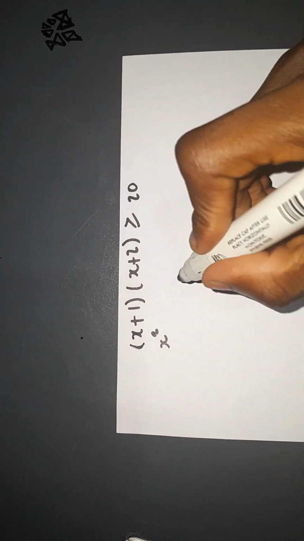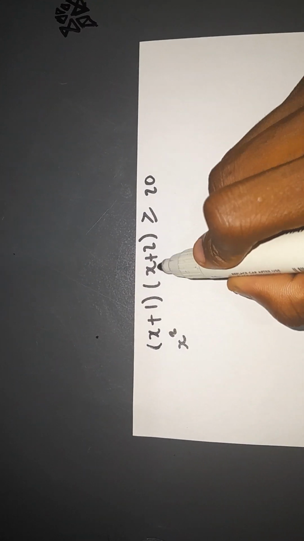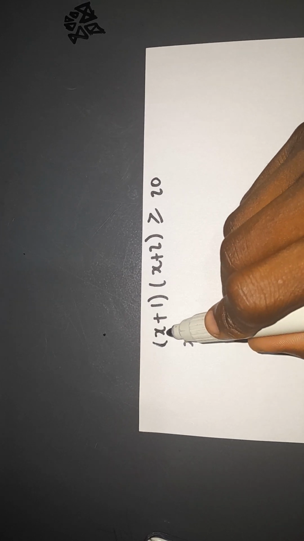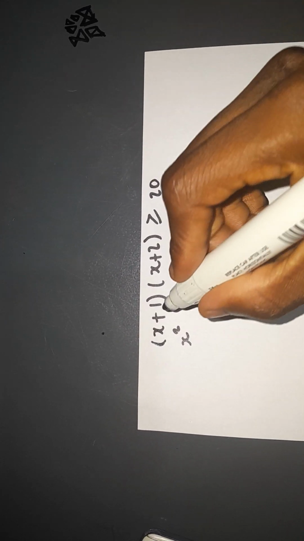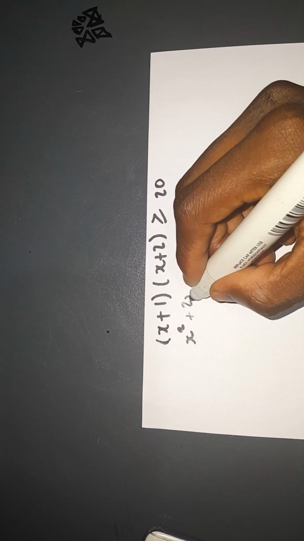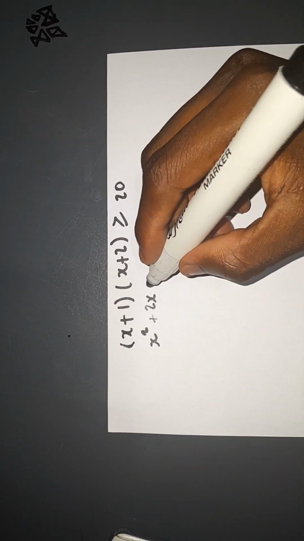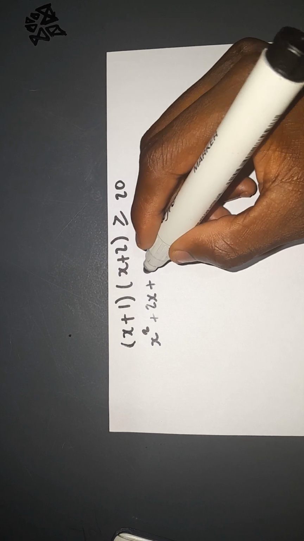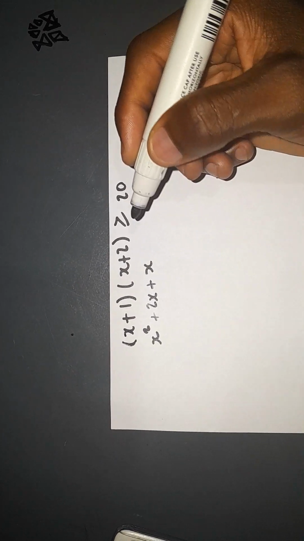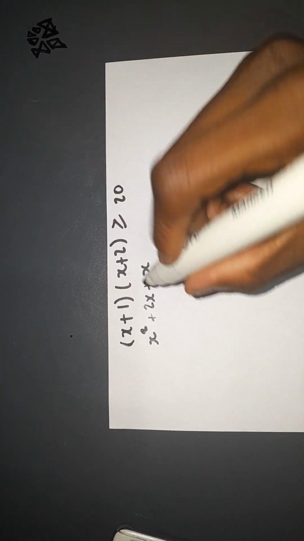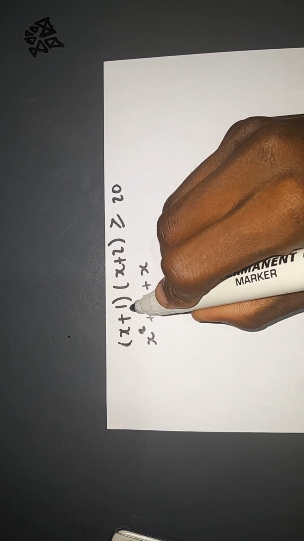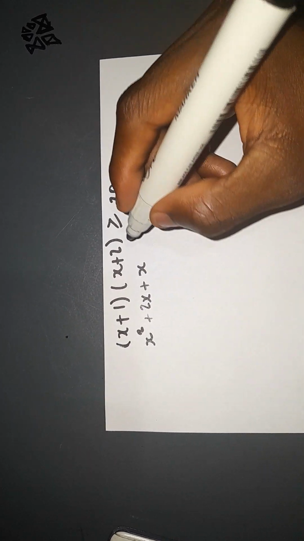So now it will be x times x, which will be x squared, and x times 2, which will give us 2x, and x times 1 will give us plus 1x. We can just say x, it's the same. And the last thing will be 1 times 2, which will give us 2.